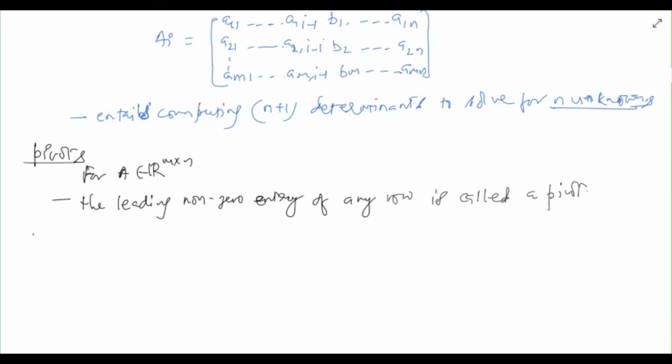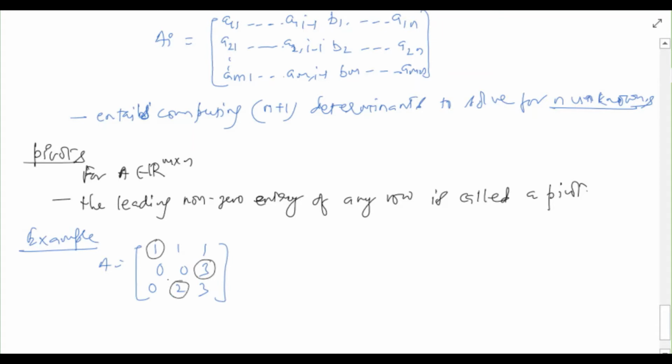For instance, if I consider A equal to say 1 1 1, 0 0 3, 0 2 3, then this 1 is the first non-zero entry in the first row, this is the first non-zero entry in the second row, this is the first non-zero entry in the third row. These are pivots.